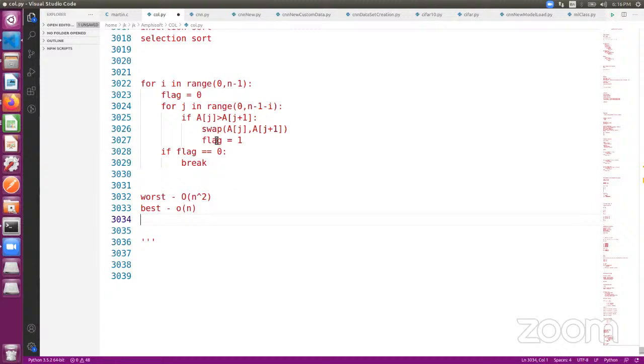No, every time I'm setting the flag as 0 before the start of the J loop. It will be initialized as 0, then the J loop happens. Inside the J loop, I'm setting the flag. And this condition is after the J loop only, right? Okay, understood. Yes.